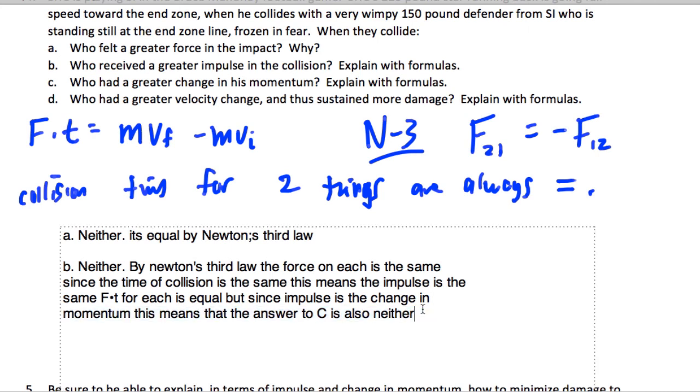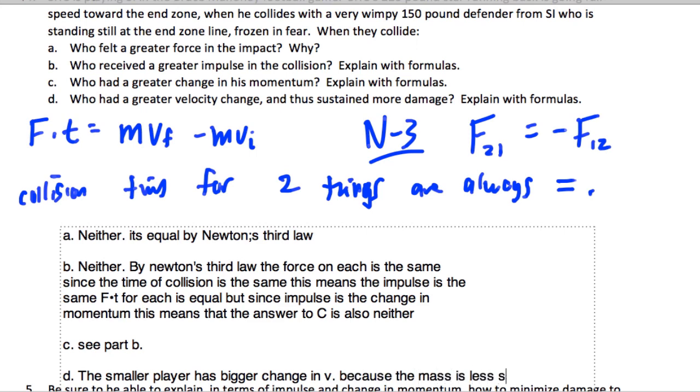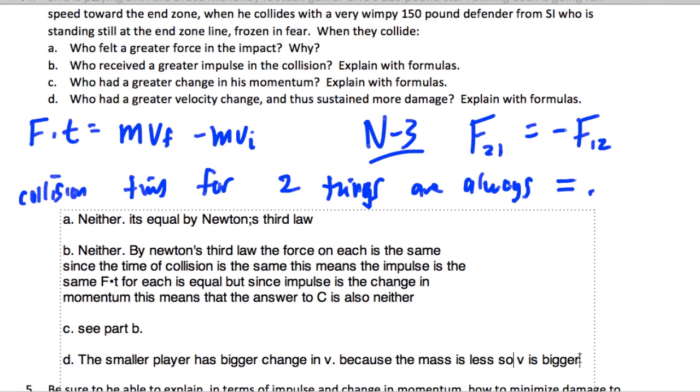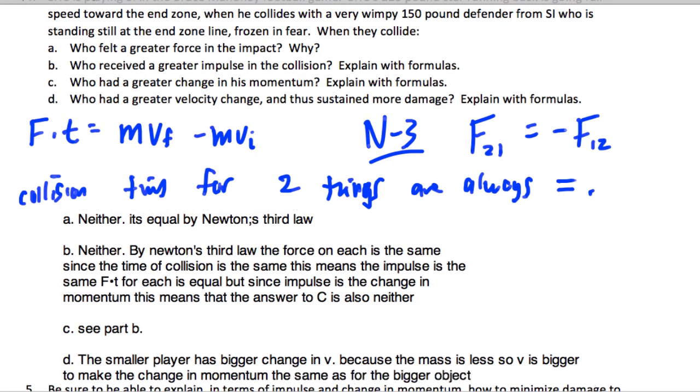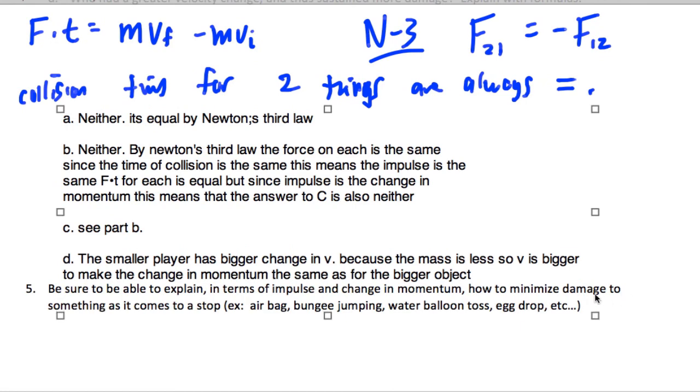So, just to continue this for part C, part B, and then for D, the smaller player has a bigger change in V because the mass is less, so V is bigger to make the change in momentum the same as for the bigger object. And that's pretty much how we do that particular problem.